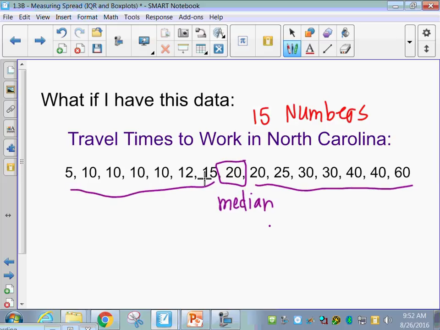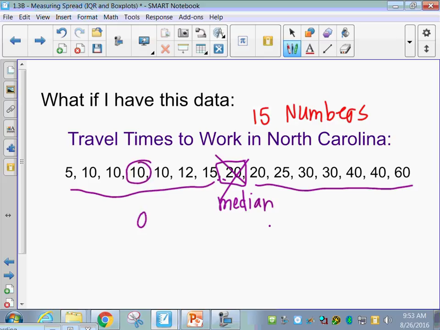Now if I look over here at these numbers, do I include the 20 or not when I find the middle number of the lower half of the data? That's the trick. You don't include it. Think about crossing the median out. It's still the median, but now the lower half of the data is these 7 numbers. Which one's my middle number?